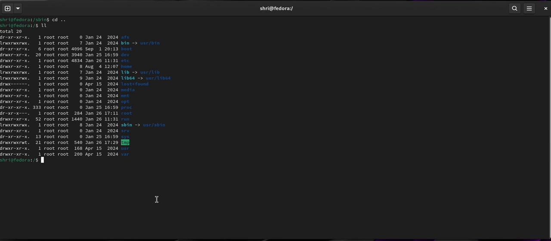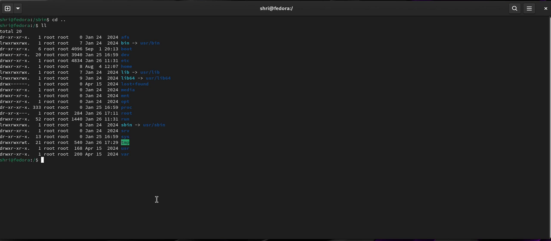Basically, the commands which are not essential for the system are kept in these directories. One is usr bin and one is usr sbin. This was done so that usr could reside in a separate file system that could be mounted at a later stage of system startup, or even on a network.